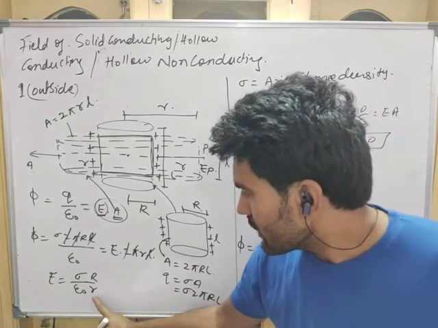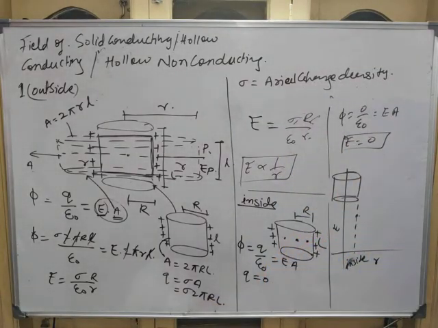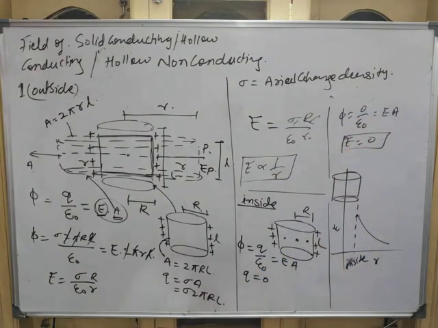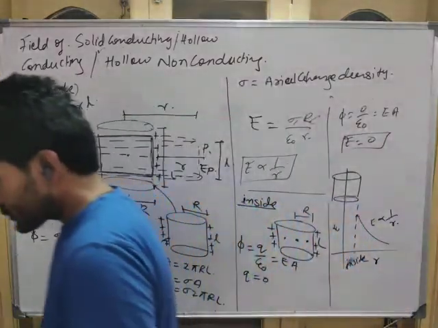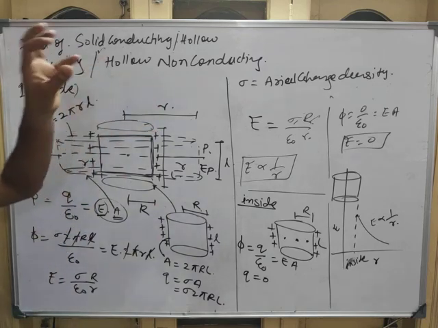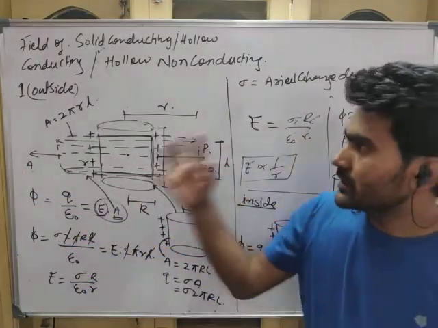Keep the value here, r is equal to capital R, it will be sigma by epsilon. But as we move away like this, in place of small r you can keep the R, so it will be sigma by epsilon. That is by the Gauss law, right? So now we know that it is inversely proportional to r, right? So this is how the field will vary for the cylinder, which is the same for solid conducting, hollow conducting, and hollow non-conducting. This is the same for all three, right?